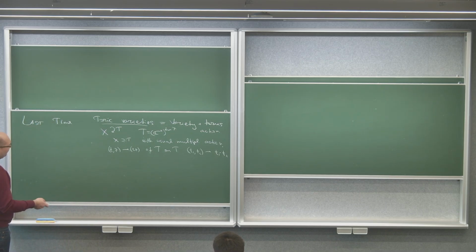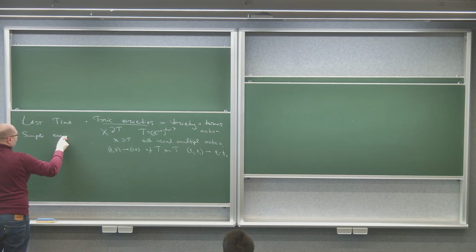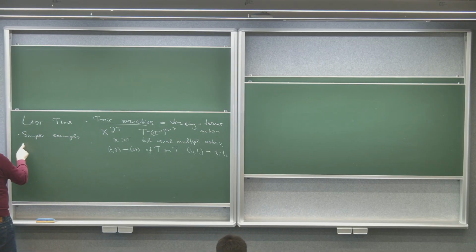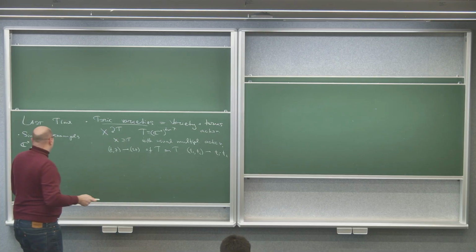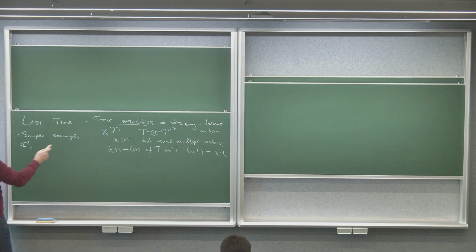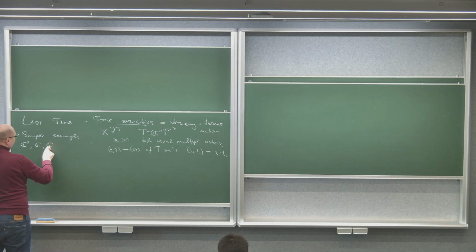And then we started with some simple examples. We can take the algebraic torus itself. It is a Lie group, so it is a manifold, and it is a variety. Then we can take C. We looked at C, and we looked at some Cartesian products.